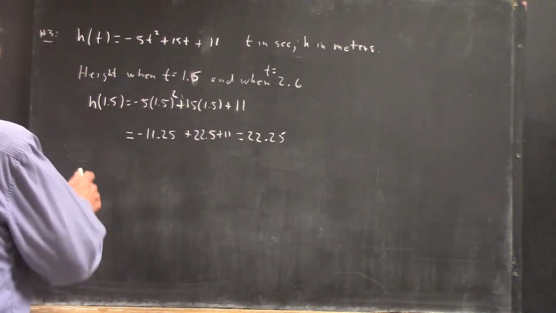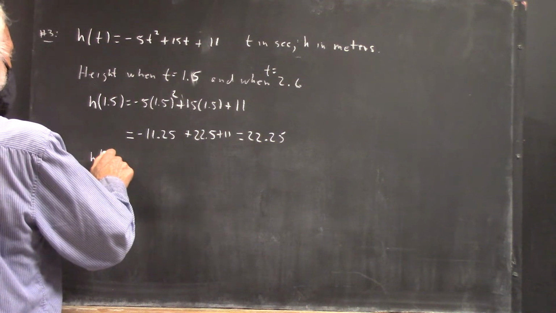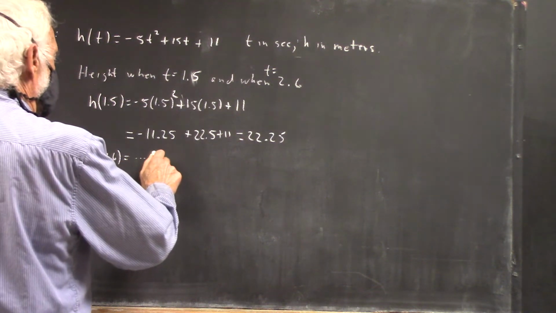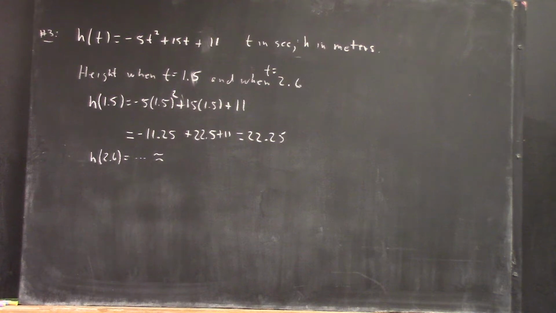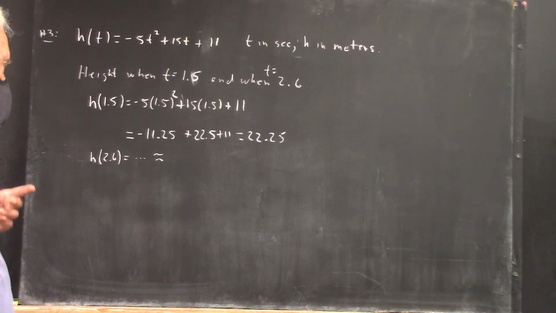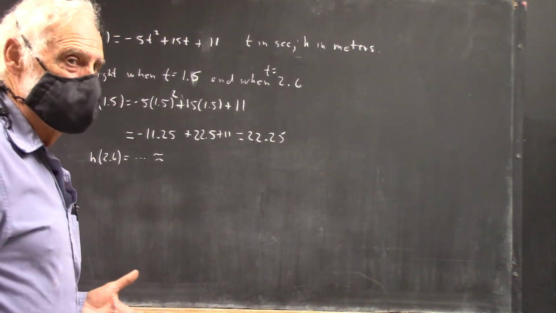I don't know. Seems a little high, but h of 2.6 is, and I'm just going to write out what it is approximately. 2.6 squared is 5.76. Everybody knows that, right?